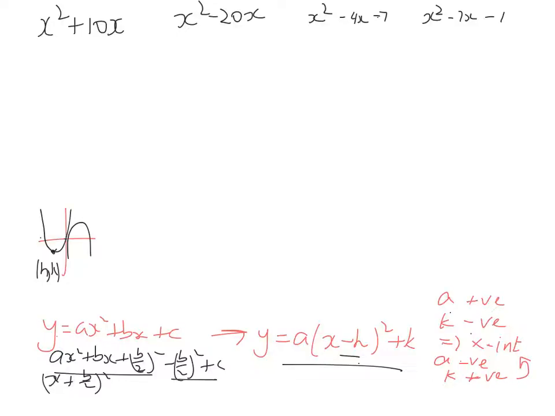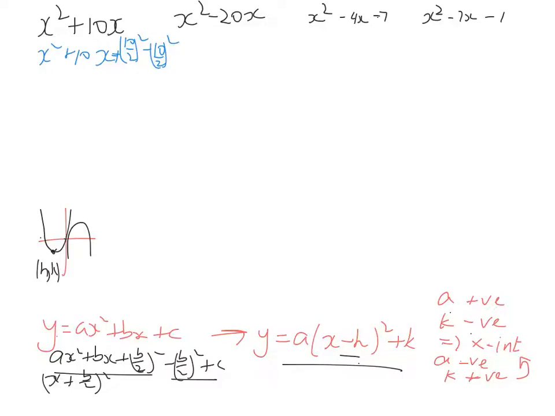So we've got x squared plus 10x. So we're going to halve this and square it, and then add it and subtract that value. So we'll write x squared plus 10x, so we halve 10, plus 10 over 2 squared minus 10 over 2 squared.